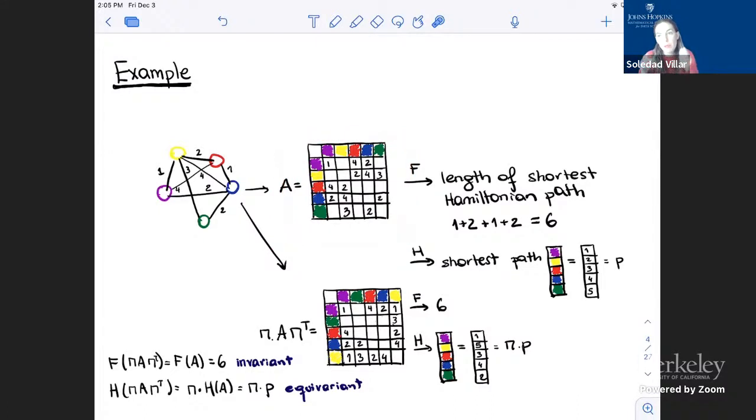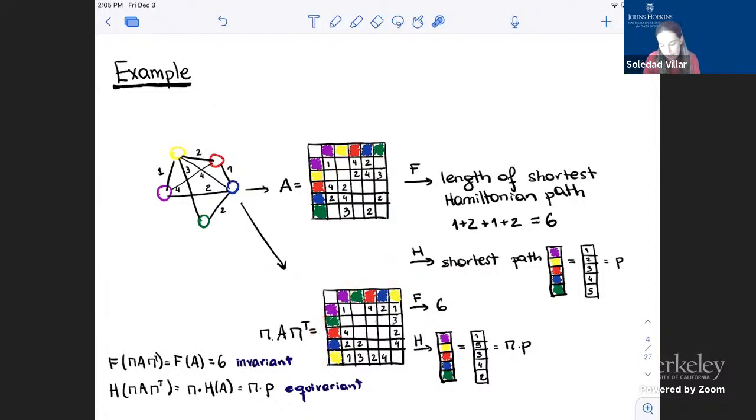But if I'm looking for the actual sequence of nodes that I would visit in order to get this shortest Hamiltonian path, then that is going to be equivariant, because if I change, say, the order in the adjacency matrix between the green and the yellow, then the solution needs to change accordingly.